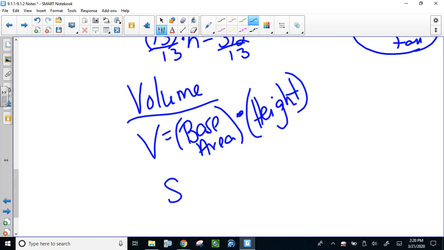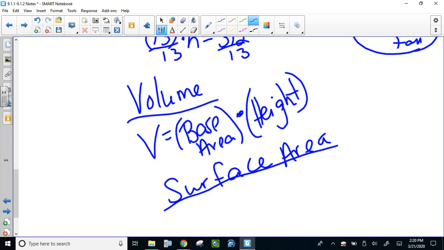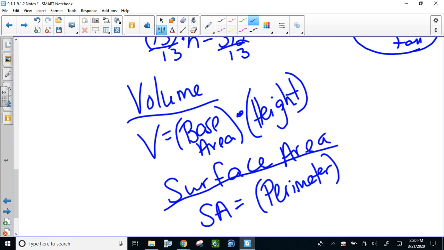For surface area, a shortcut we could use is, let's see here, we'll use SA for surface area, we could take the perimeter of that shape, the perimeter of its base. And we would repeat that same perimeter for every stack of bricks.